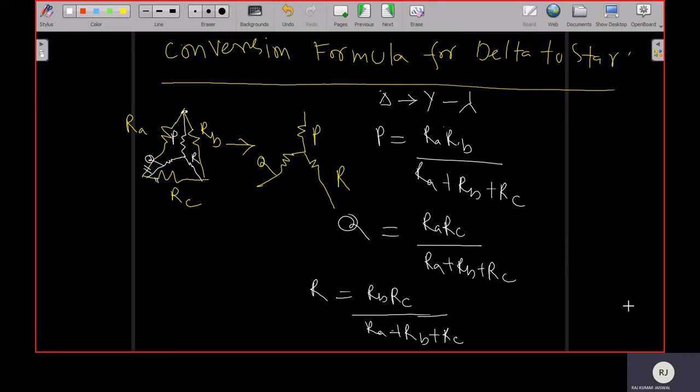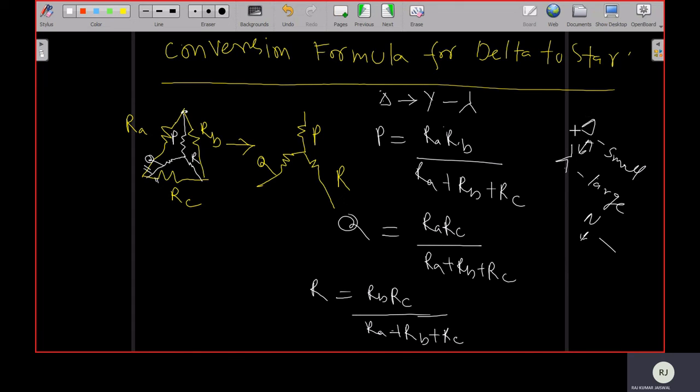Okay guys, this is the formula and the trick. This way you can easily remember the conversion formulas from delta to star and star to delta. Just consider delta the small one and star the large one. If we convert star to delta, star is large, so the numerator will be large.